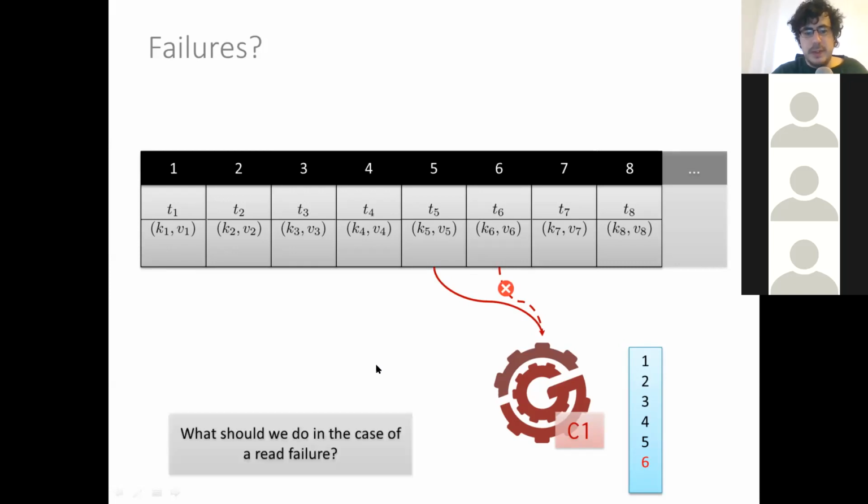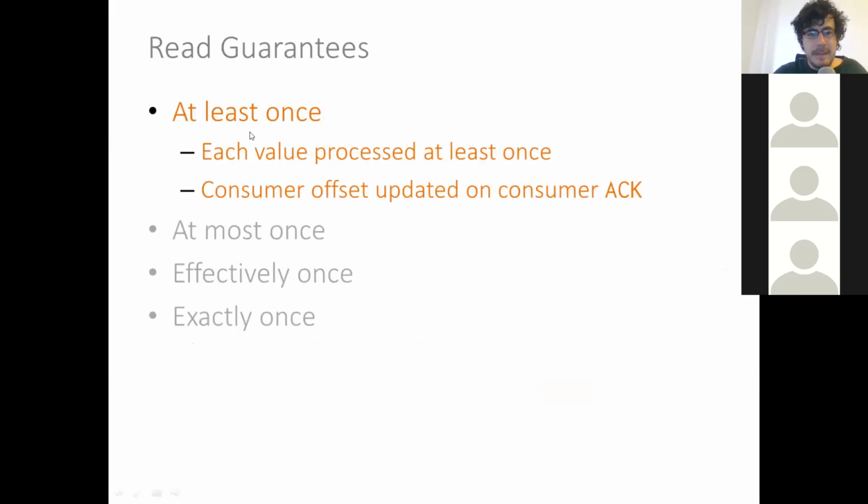So what should we do in the case of a read failure? Kafka offers different types of read guarantees, much like we saw with different types of write guarantees that might be better for different types of applications. So the first type of read guarantee, and the most efficient, is at least once. Actually not the most efficient. The most efficient would be at most once. So at least once.